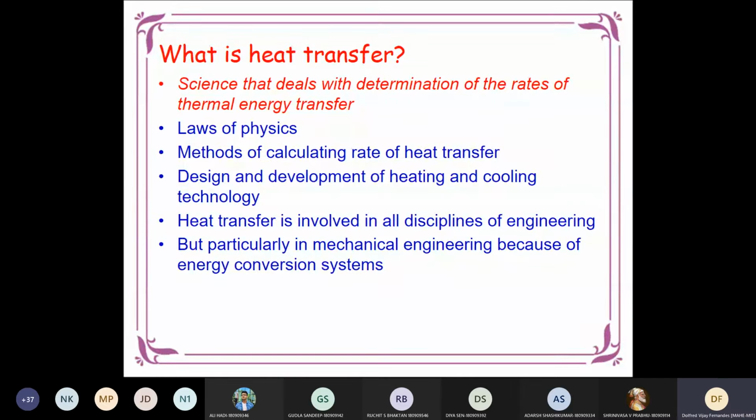All these energy conversion systems involve heat transfer. If you go to any industry, not only power, but even a chemical industry, a fertilizer industry or any refinery, you will find many heat exchangers there because these processes involve heat transfer.